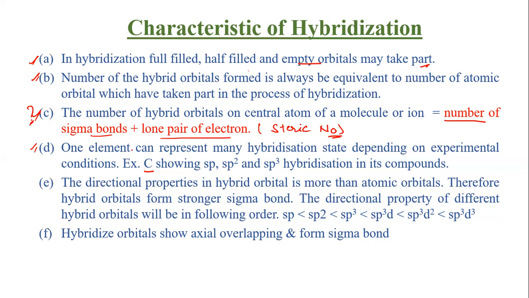For example, hybridization of carbon will not be only sp or sp2. It depends upon the experimental conditions and the nature of bonding, what it is making with the other element. So hybridization depends upon the partner with which this particular atom is going to combine. It can be sp, sp2, sp3, depending upon the partner.